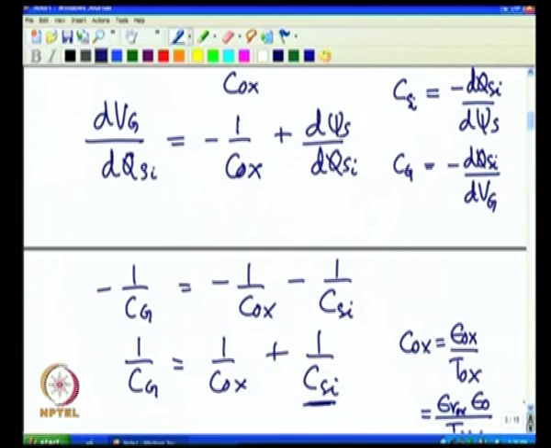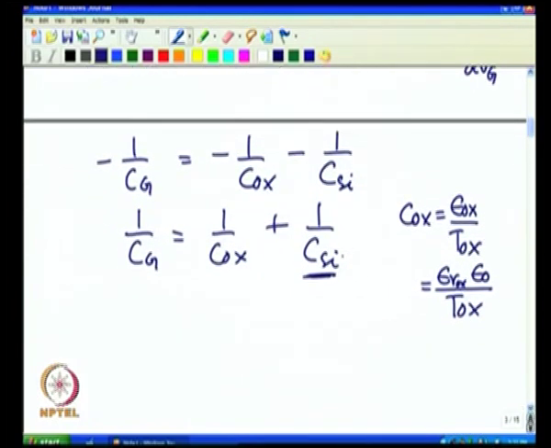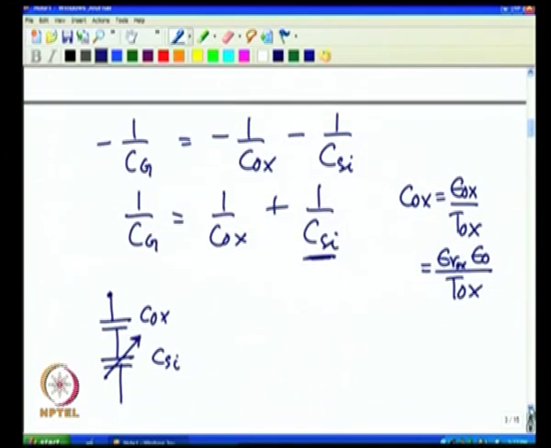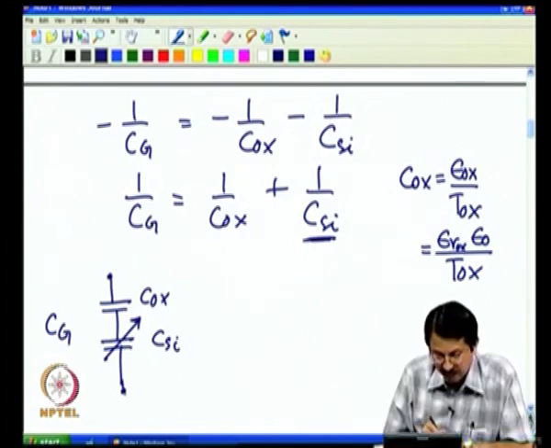So, hence what we essentially say is that this is a variable capacitance, and my equivalent model now is Cox in series with C silicon, and this is a voltage dependent capacitance. And the total capacitance that you see is Cg. You are applying Vg here, and this is at the ground potential. This C silicon is a function of Vg.